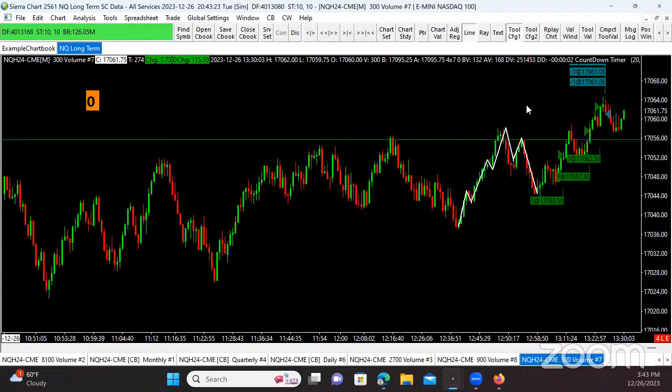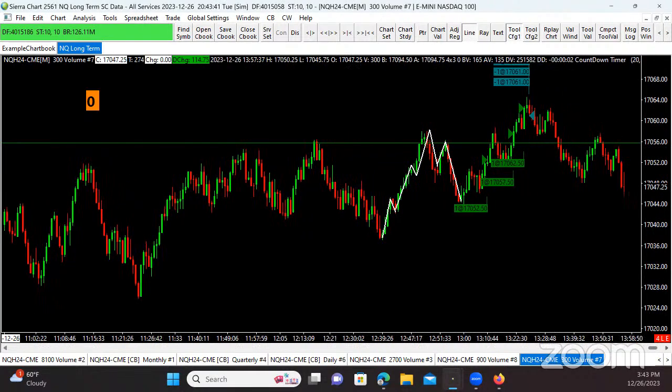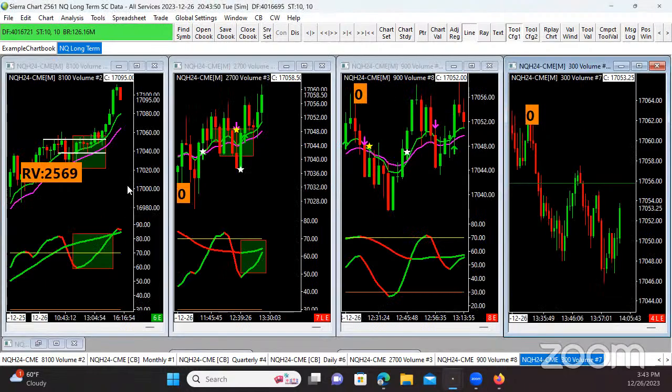And every now and again, you'll catch one that goes so much in your favor that it's almost ridiculous. Now, let me show you where I did not catch this trade later on in the day, because I typically don't trade this late in the day. But I didn't catch this trade the way I wanted to. So let's look at it. I can tell you anything, but I want to show you exactly what I'm talking about.